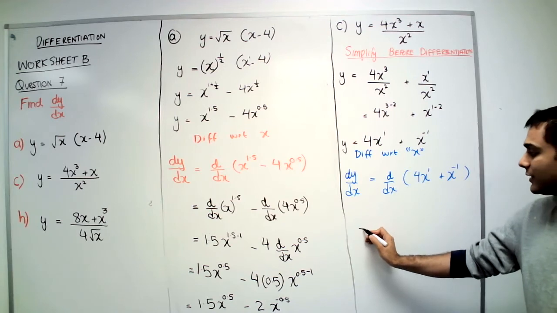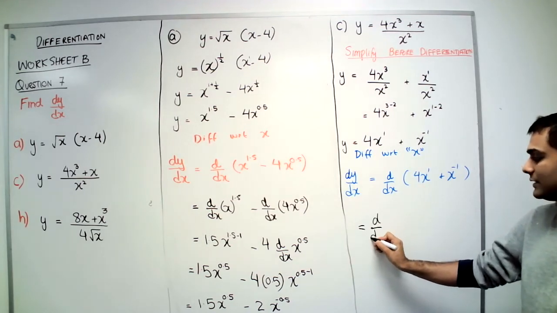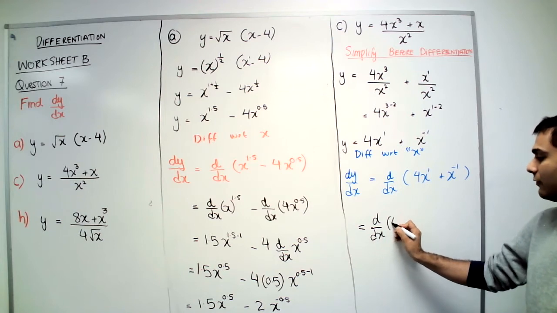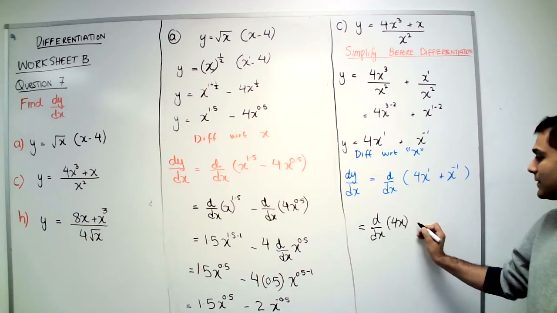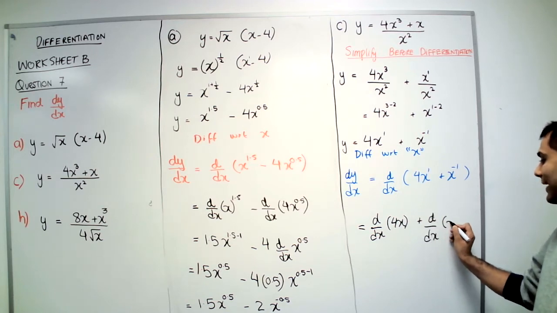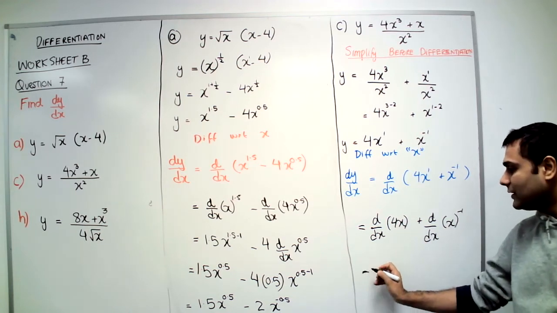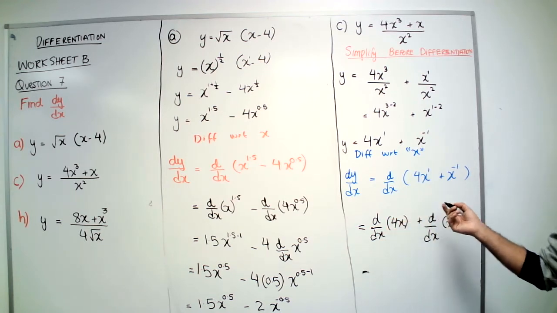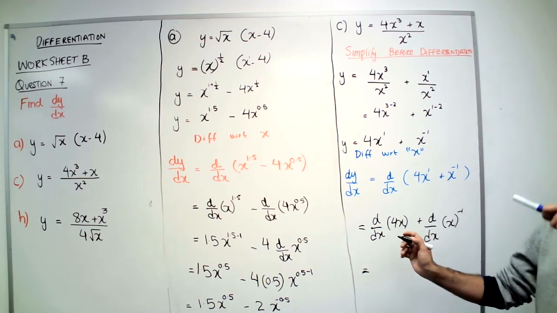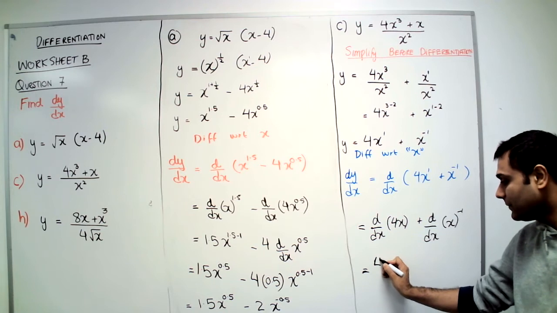Now the way it's going to work is this: differentiation d over dx of 4x plus d over dx of x to the power minus 1. You know that one. d over dx of 4x is just 4. d over dx of 7x is just 7. So you can write that one straight away, 4.